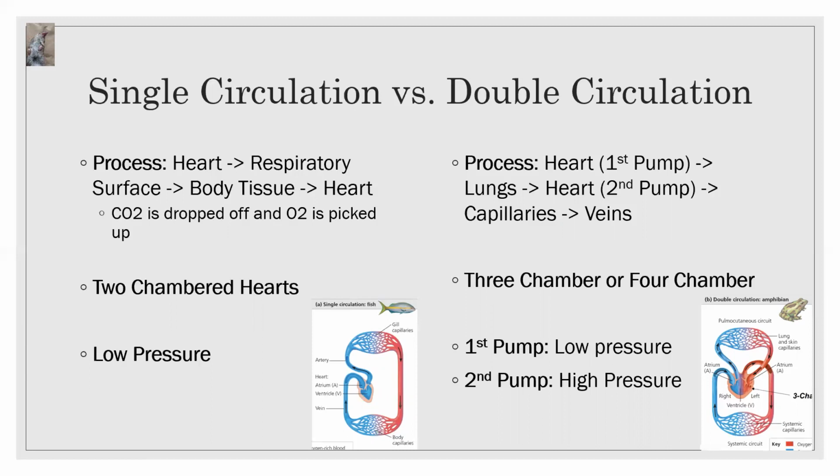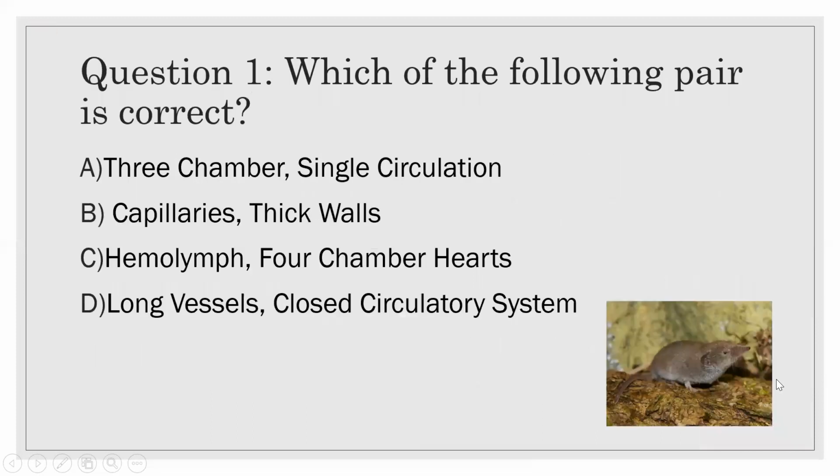The system is powered by a 3-chamber or 4-chamber heart. The 3-chamber or 4-chamber is really just dependent on the species. One thing we do want to say is that the first pump is typically lower pressure and the second pump is high pressure. And so these are in just frogs and things of the like.